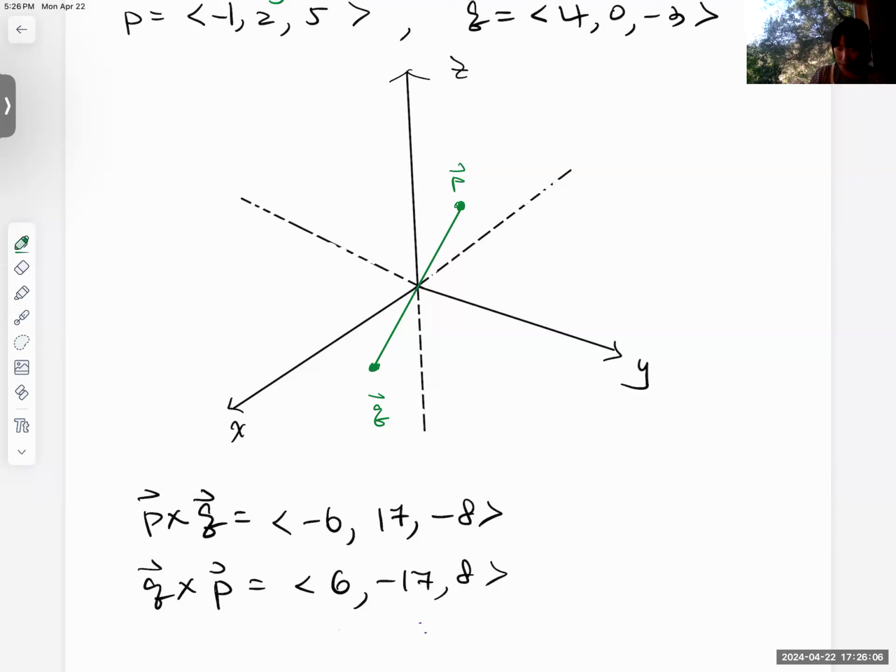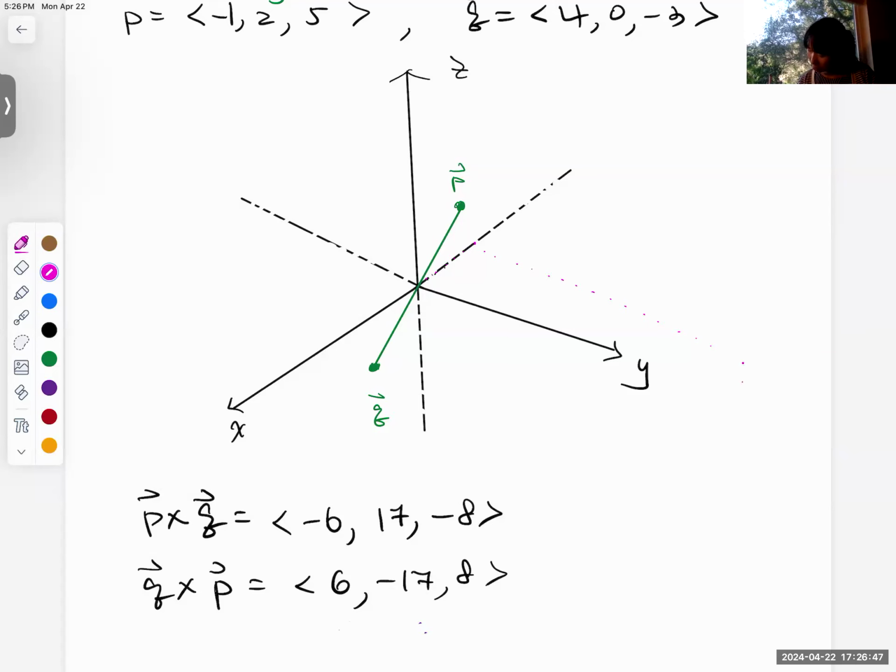So -6, 1, 2, 3, 4, 5, 6, and then positive 17, 1, 2, 3 up to 17, and negative 8.